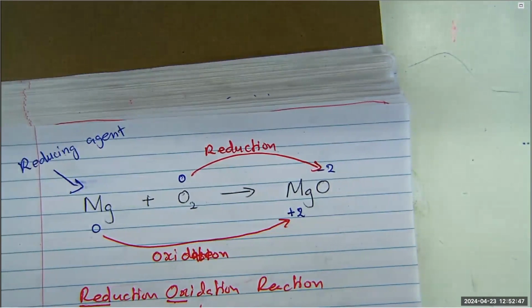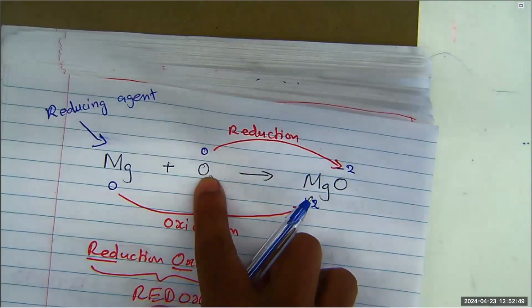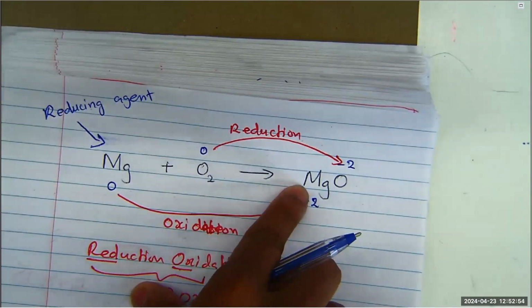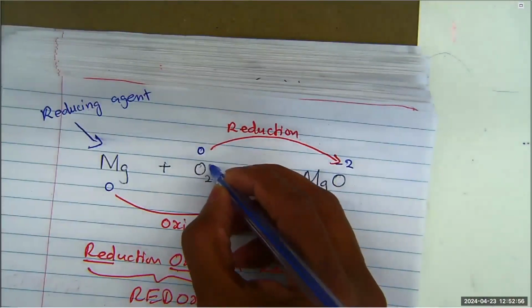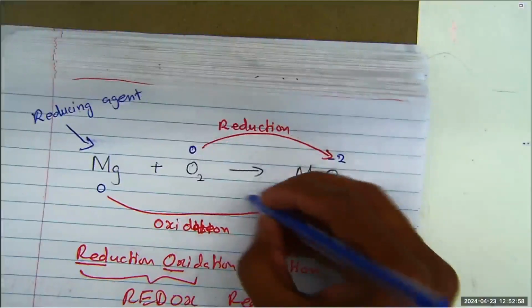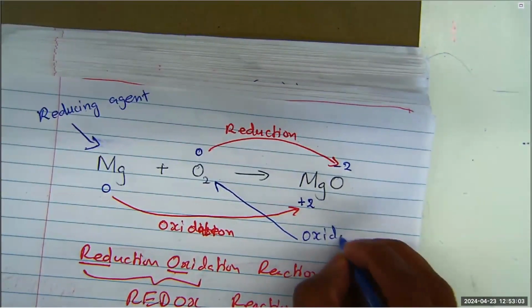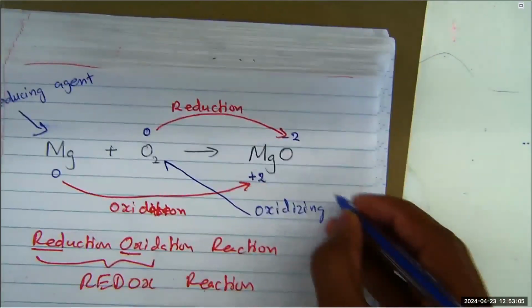On the other hand, oxygen is the one that is oxidizing magnesium. Therefore, oxygen is referred to as, anybody? Thank you. This is called the oxidizing agent.